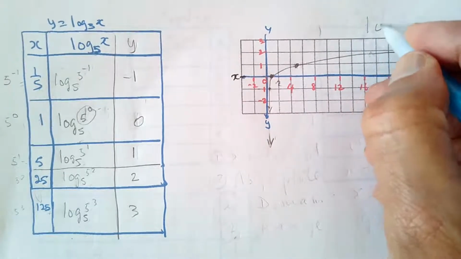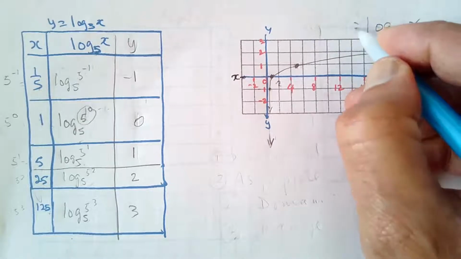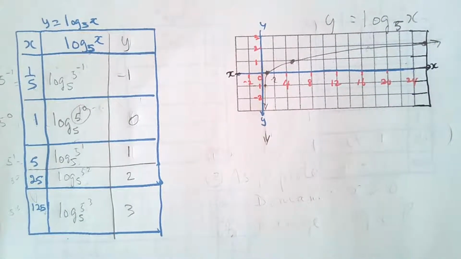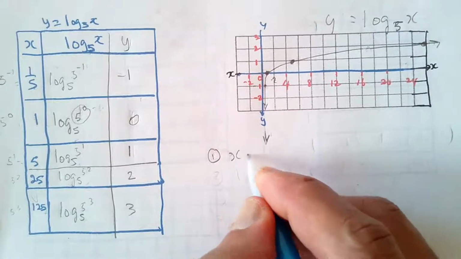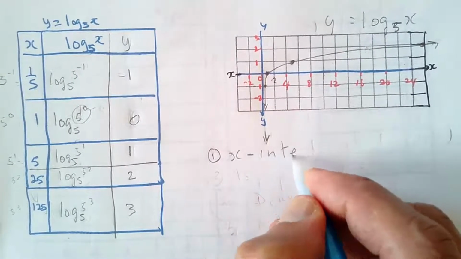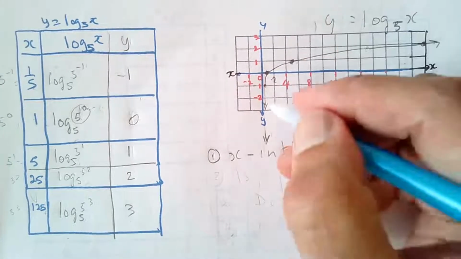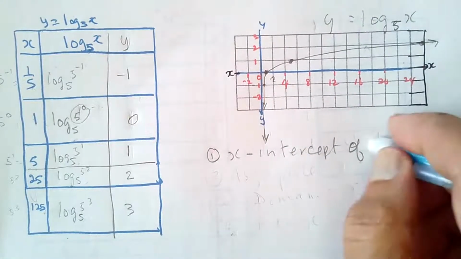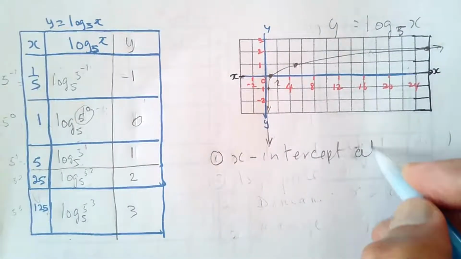So this is log base 5 of x, and they ask us for the intercepts. Number 1, there's no y-intercept, but there's an x-intercept at x equal to 1.